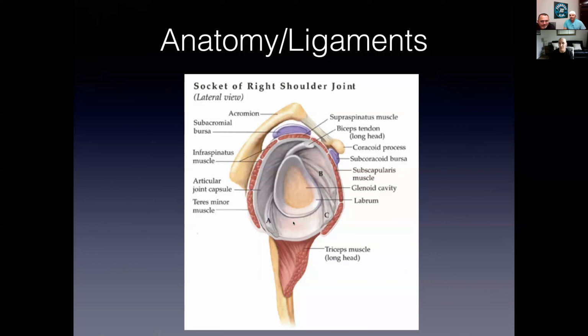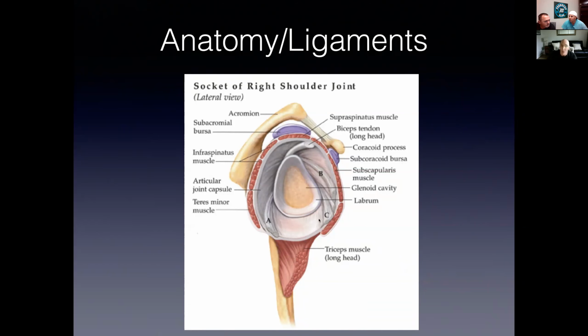That's the capsule, and that is called the inferior glenohumeral ligament. The reason it matters is that ligament is what stretches out, particularly here in the front and less so in the back, for people to have lots of motion in their arm.